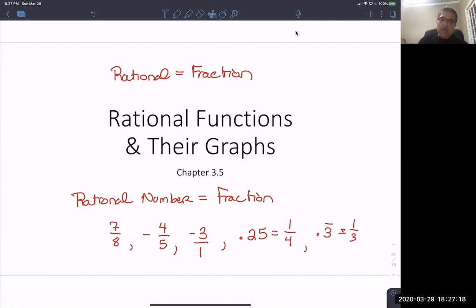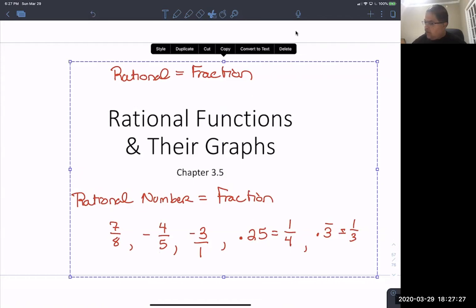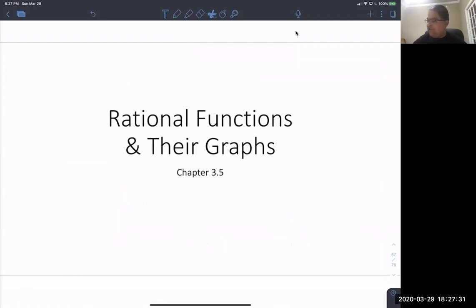So take home point, when you see the word rational, think of the word fraction, not function. I apologize. So now, a rational function is a function that is a fraction. So any function that can be written as a fraction can be considered a rational function.